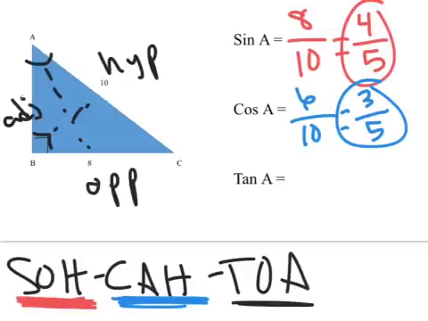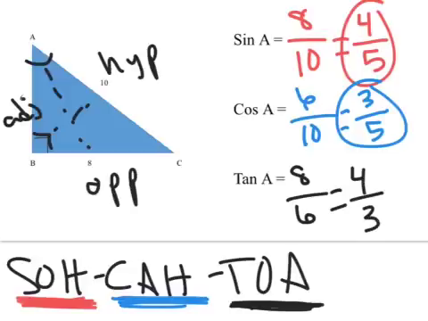And tangent, so TOA, opposite over adjacent. So our opposite side has a length of 8, and our adjacent side has a length of 6. We can reduce that. 2 goes into both, so 4 over 3. So the tangent of A is 4/3.